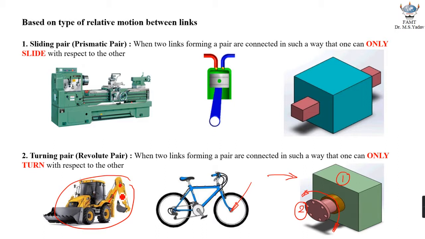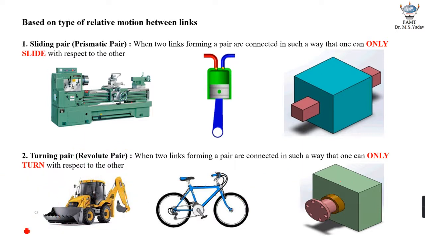This particular arm is pinned to this arm. Even this arm and the bucket are pinned to each other at this particular point. So basically between the arm and the bucket only turning movement is possible. So this pair is typically called a turning pair. Another name given to this pair is revolute pair.